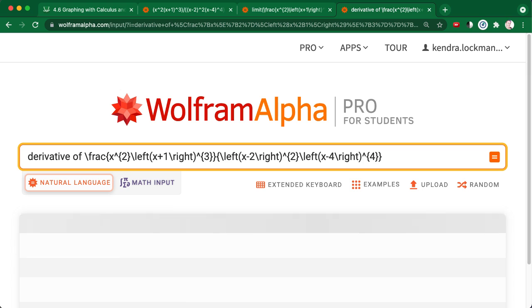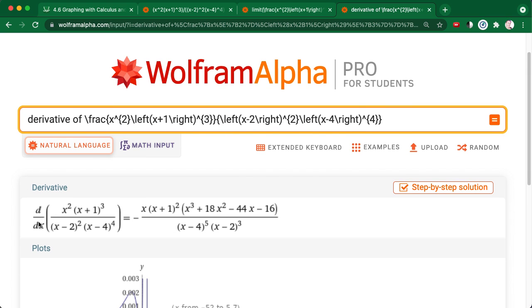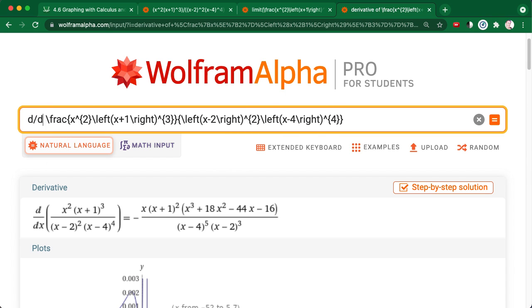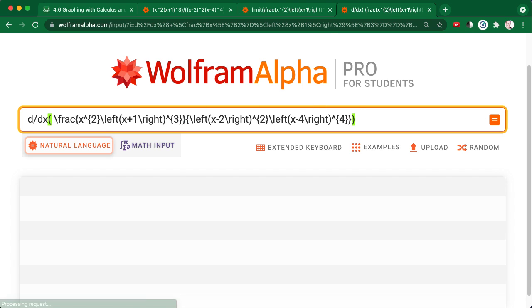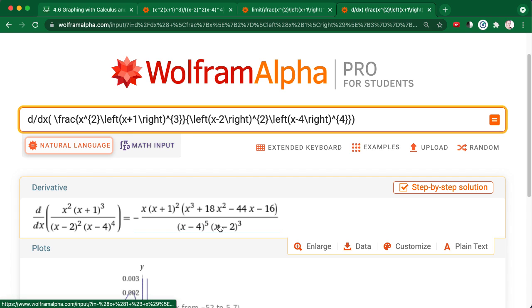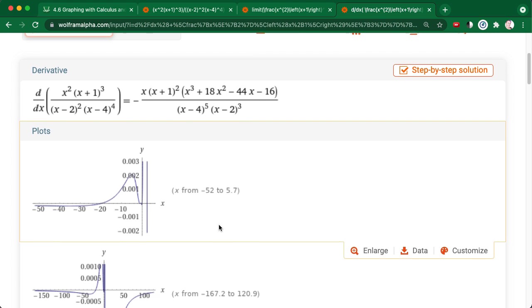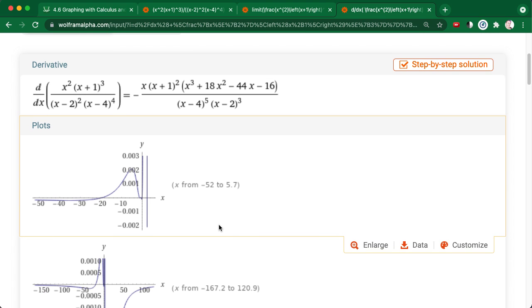I want to also point out that we can use that notation d over dx of. So I'm going to do that. And make sure I close my parentheses. Okay. So there's the derivative. Interesting. All right.